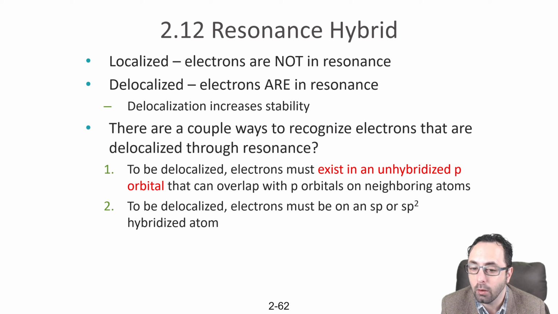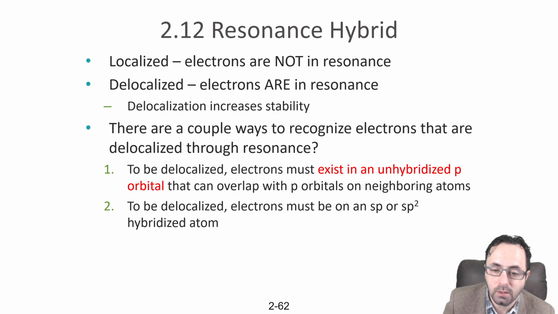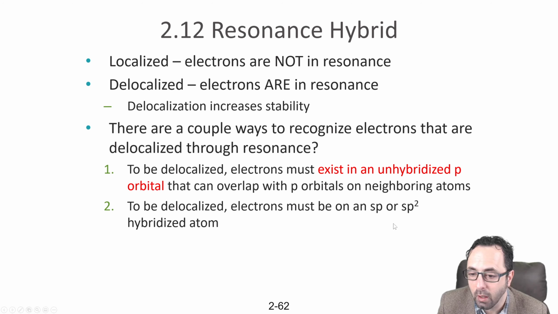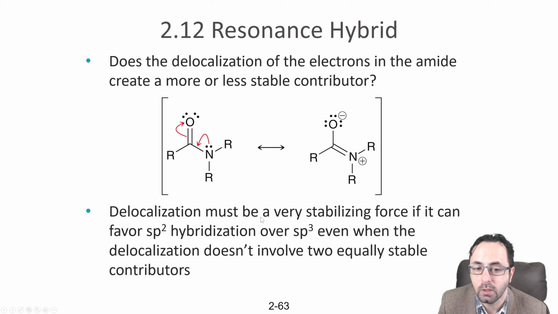So to be delocalized, electrons must exist in an unhybridized p orbital, so that it can have that sideways overlap with other p orbitals. And the electrons themselves must be on an sp or sp2 hybridized atom, if the electrons are on the atom.